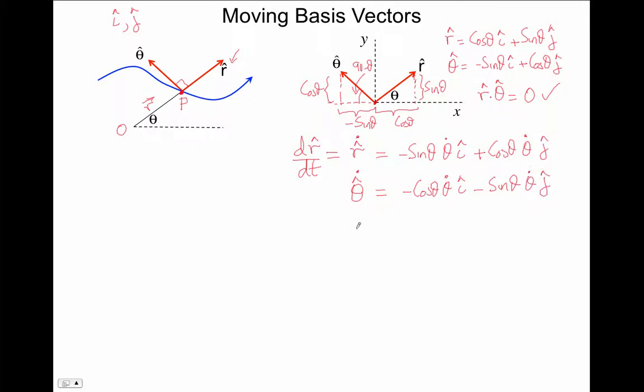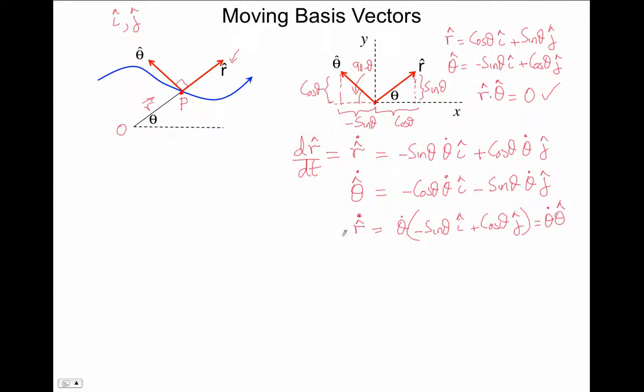Well, let's slightly rewrite this. So r hat dot, I'm going to write as, I'll take theta dot out, and inside will be minus sine theta i hat plus cosine theta j hat. And now if you look up over here, that's exactly what theta hat is. So this is equal to theta dot theta hat.